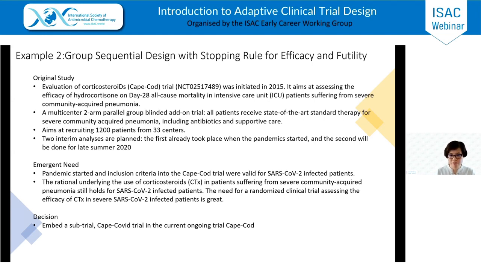They had COVID-infected patients involved, and there was an urgent need to estimate the effect for the COVID patients. So they had to make some changes. The decision was to embed a sub-trial, Cape COVID, in the current ongoing trial, Cape Cod.